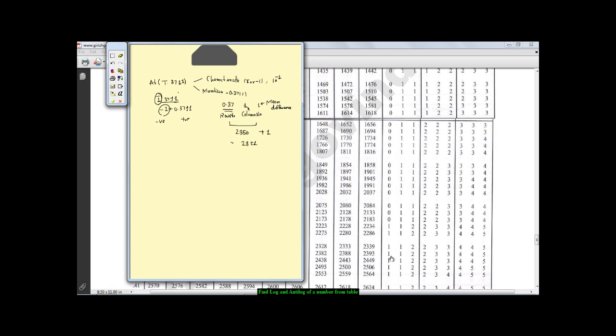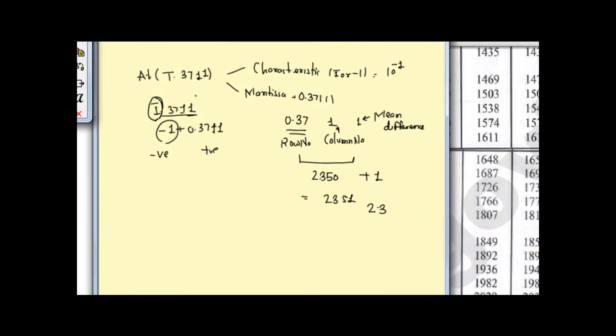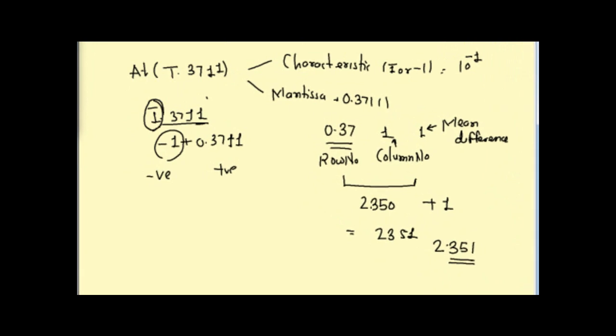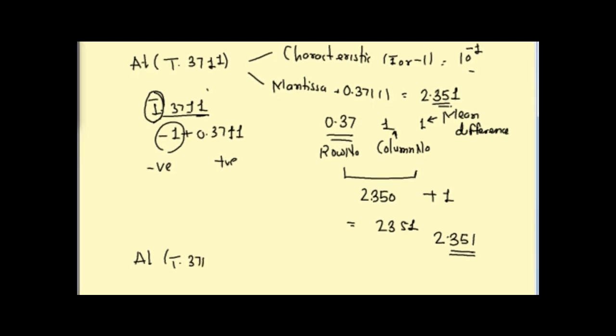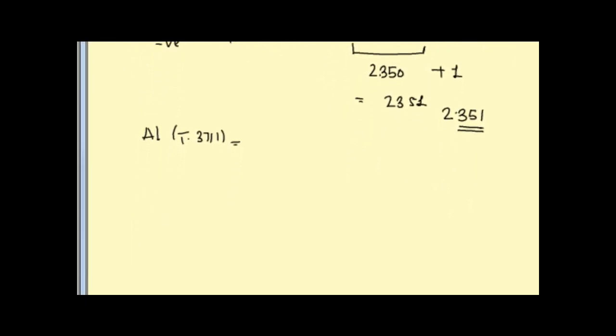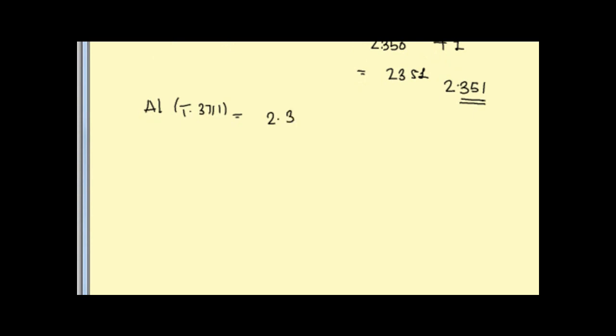that is equal to 2351. So the actual value of the mantissa part, as we already discussed, is 2.351. So the mantissa part is equal to 2.351. Now, after finding the antilog of the characteristic and of the mantissa, the final value can be written as antilog of bar 1.3711 is equal to the product of the mantissa, that is 2.351, into 10 raised to minus 1.